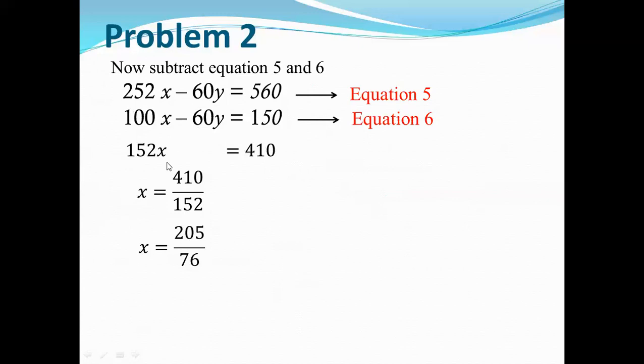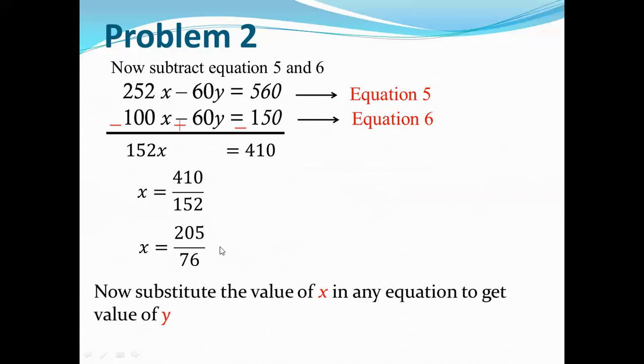When we subtract, we change the sign. The answer is 152x equals 410. The value of x equals 410 upon 152. When we reduce the fraction, the value is 205 upon 76.